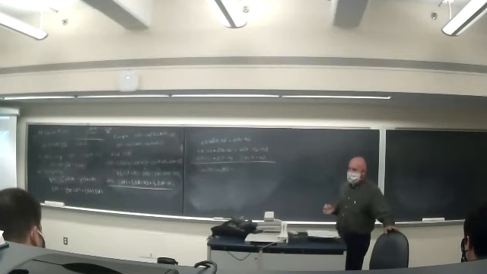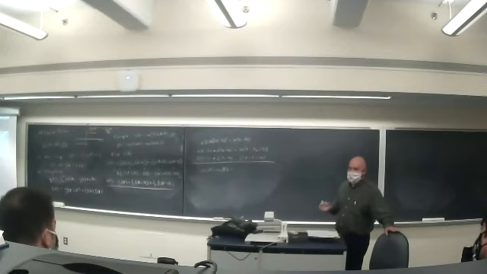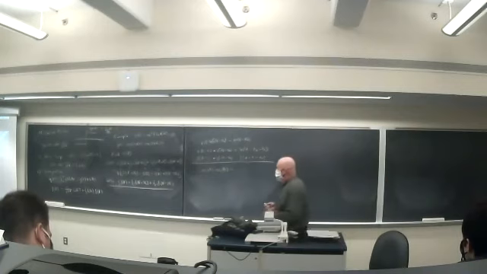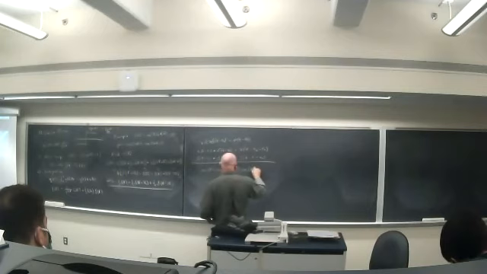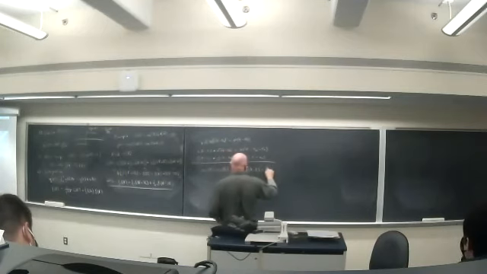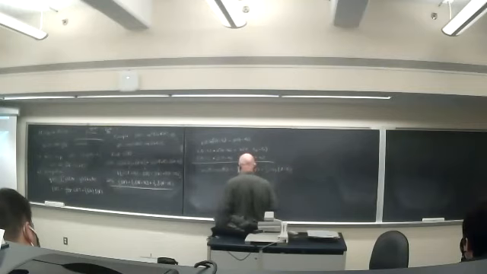You'll use it enough that it's worth memorizing. Cosine A times cosine B is 1/2 cosine of the difference plus 1/2 cosine of the sum. So this is 1/2 cosine of A minus B plus 1/2 cosine of A plus B.